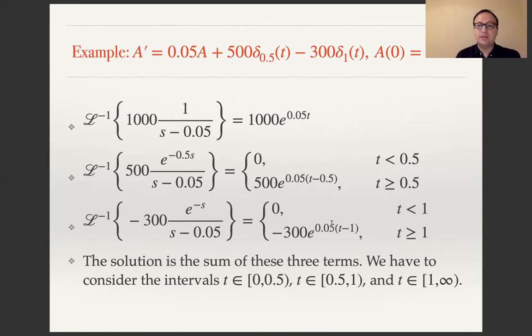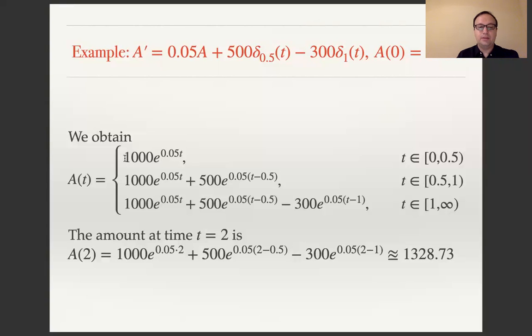And we notice that the solution will be given by three different expressions with transitions occurring at 0.5 and at 1. So there will be three different answers: one answer for the interval between 0 and 0.5, one answer for the interval between 0.5 and 1, and one answer for the interval 1 to infinity.